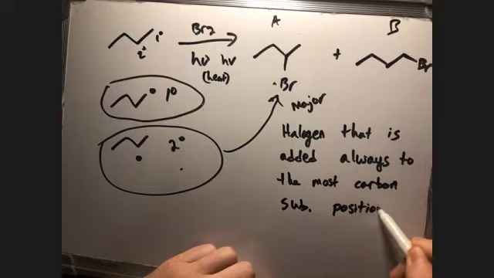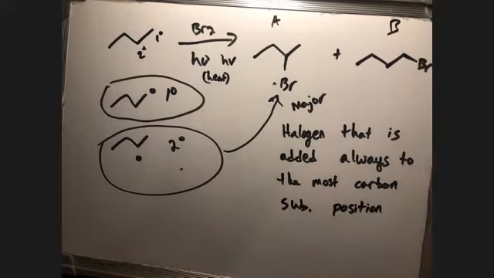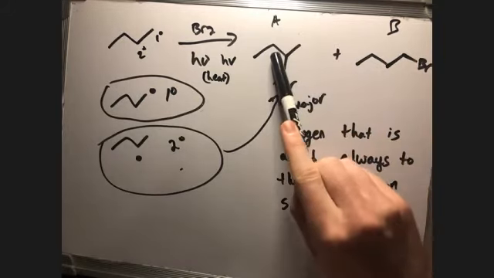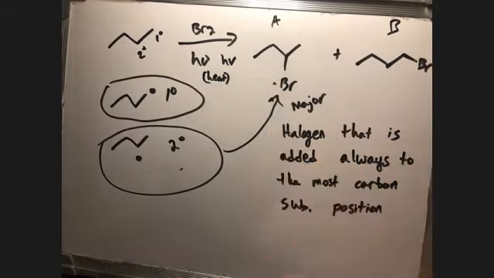So this is why we see the product that we see, because it's adding to the carbon that's substituted twice, the disubstituted carbon. Notice if it adds here, that's the same thing. So you can draw that also. That would be fine. It's the exact same molecule.